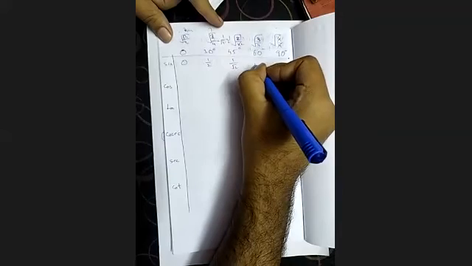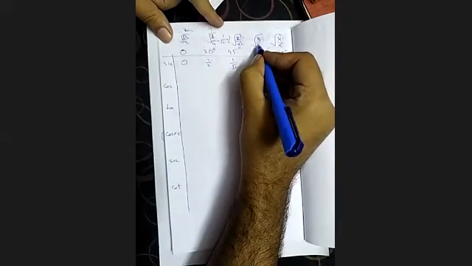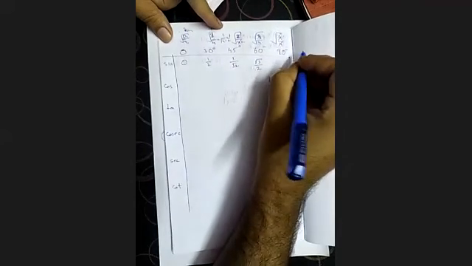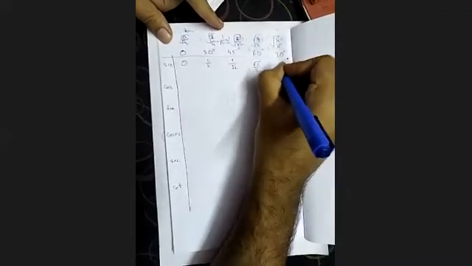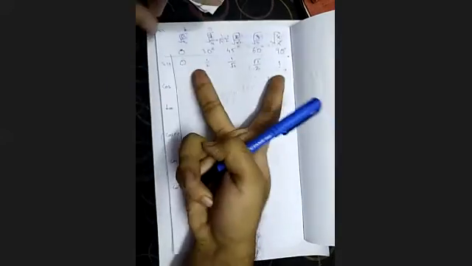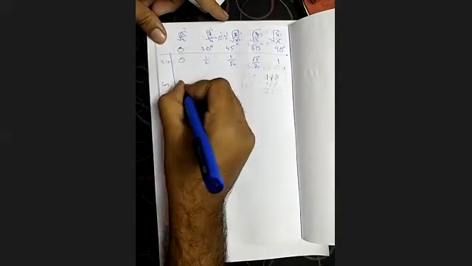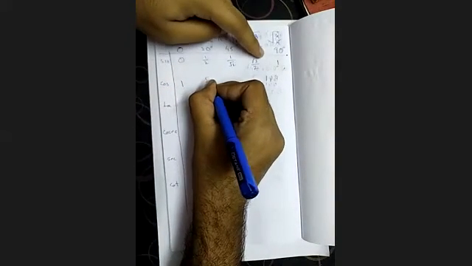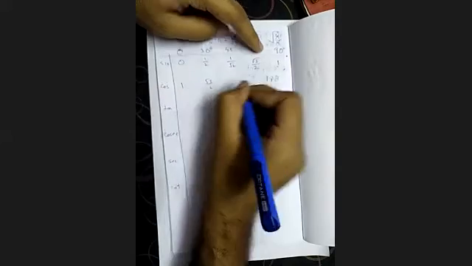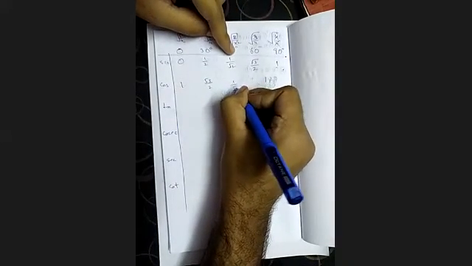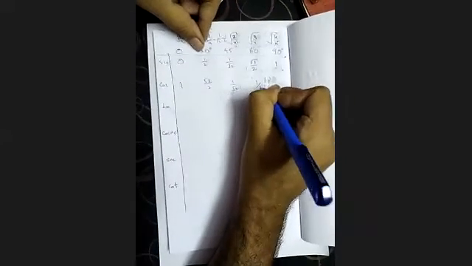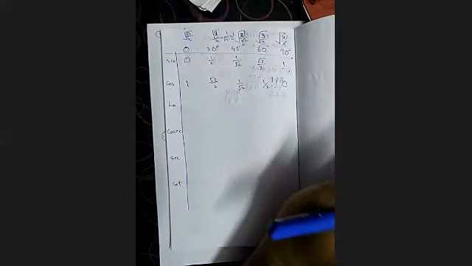Root 3 by root 4 is root 3 by 2. Root 4 by root 4 is 1. Now just reverse it. So for cos: 1, root 3 by 2, 1 by root 2, 1 by 2, 0.